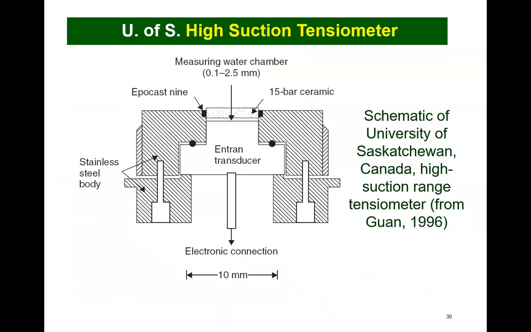A number of so-called high suction tensiometers have been developed in the UK, Canada, and other countries. The manufacturers of these tensiometers make claims of being able to measure matrix suctions up to and exceeding 1,000 kilopascals. It is difficult for the tensiometers to sustain high suctions over a long period of time.